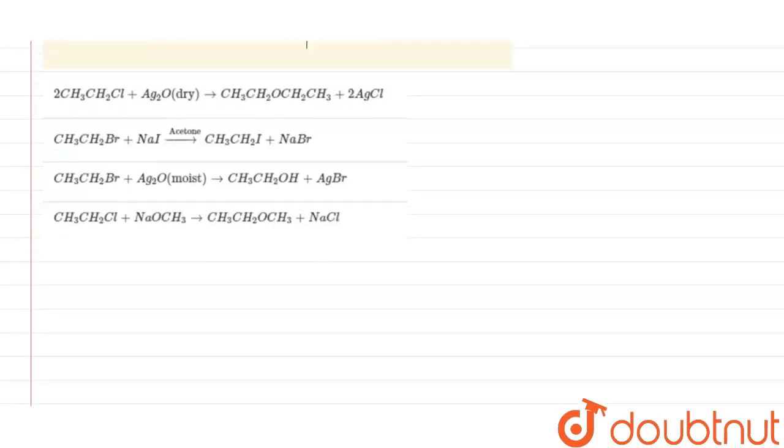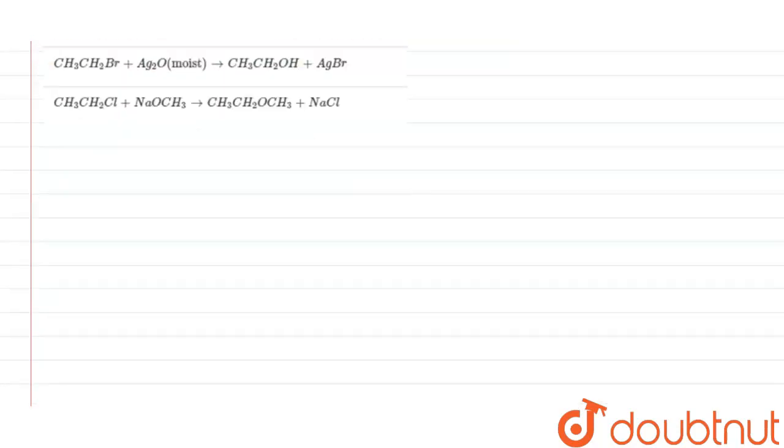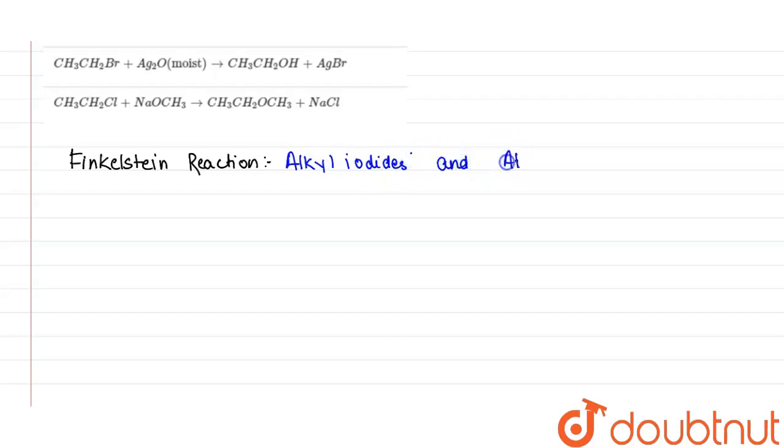So now let's discuss Finkelstein reaction. During this reaction, basically alkyl iodides and alkyl fluorides are formed.